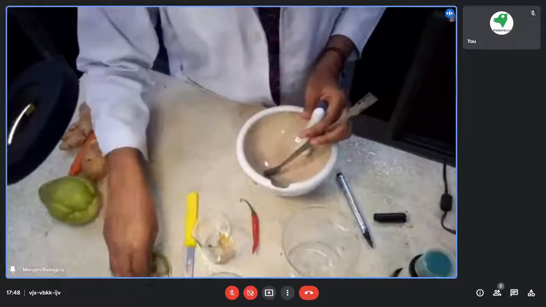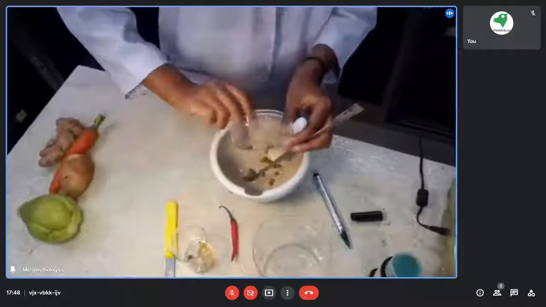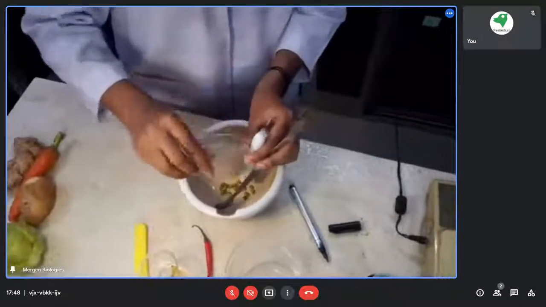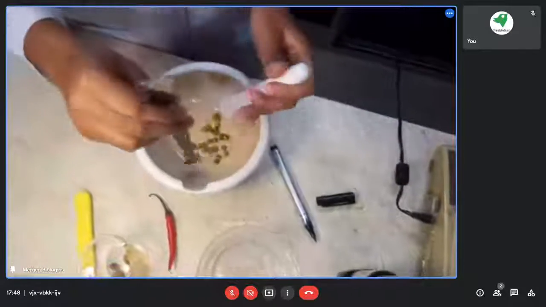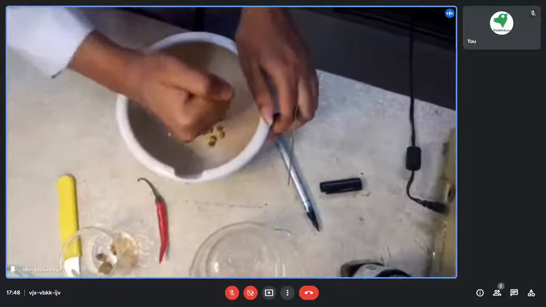Now for the fifth sample, I have taken some sprouts and measured them. They are almost 2 grams. They are quite easy to grind.